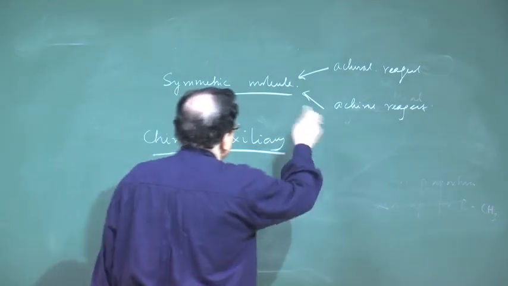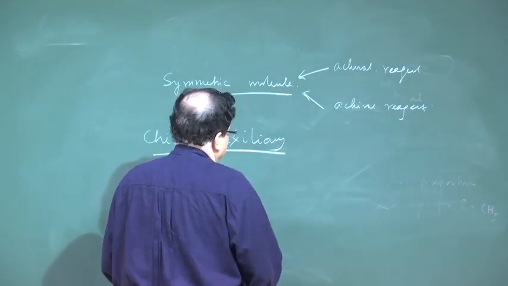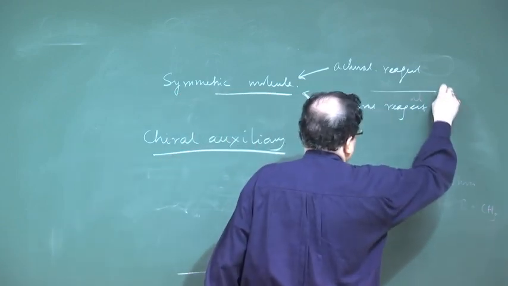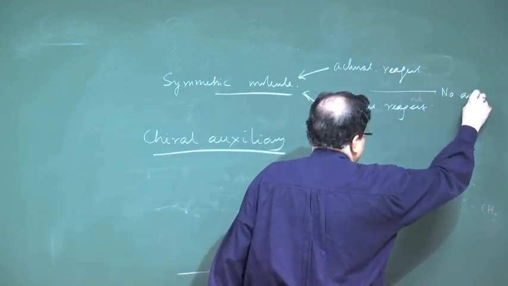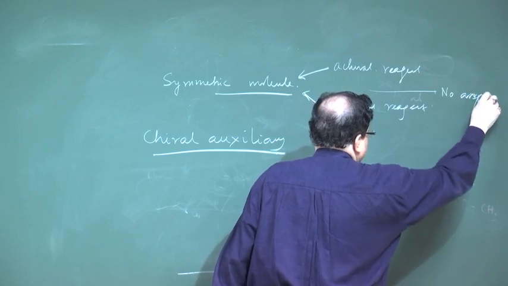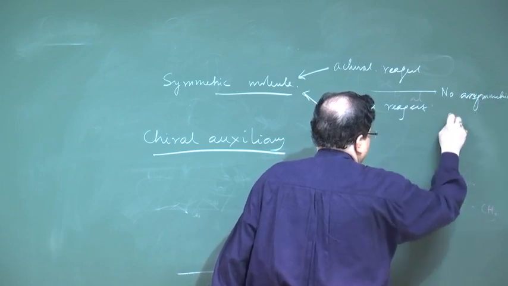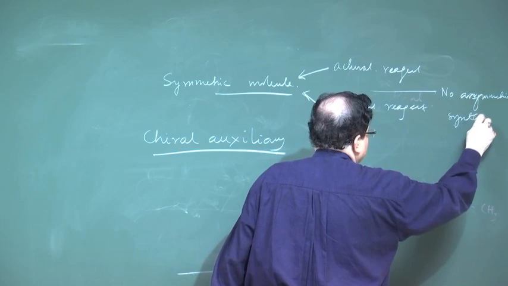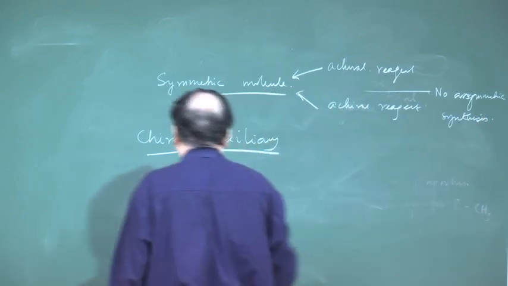So, here you will not get any asymmetric synthesis. That means you will not get any discrimination between the R and S that is produced.